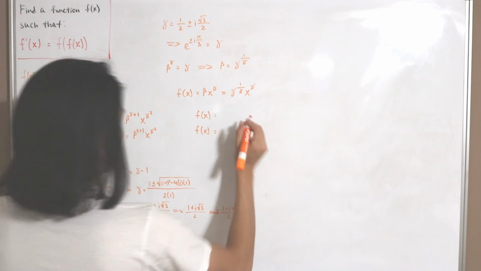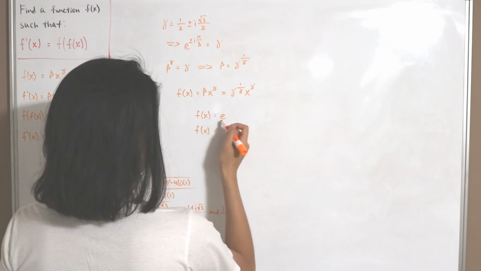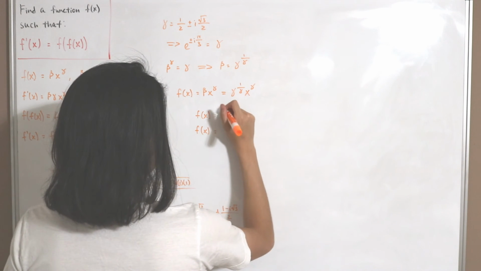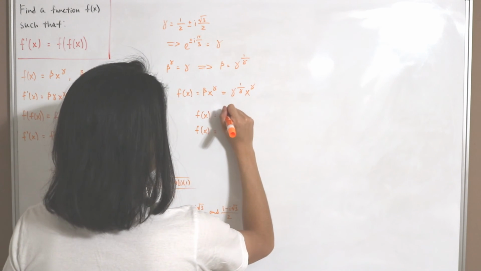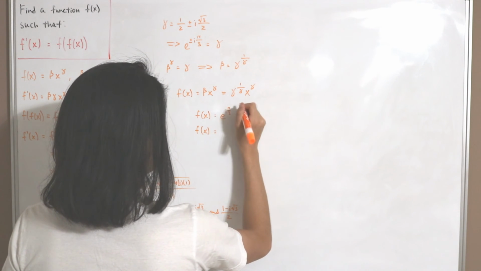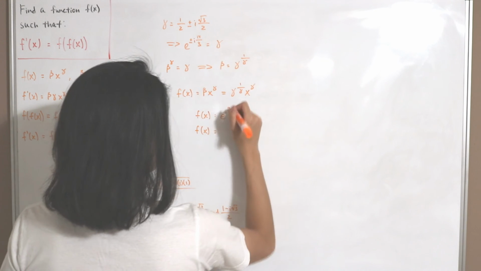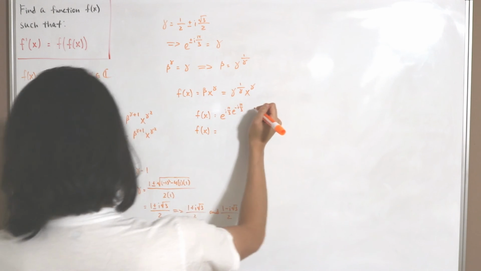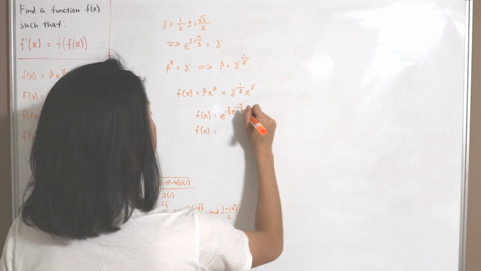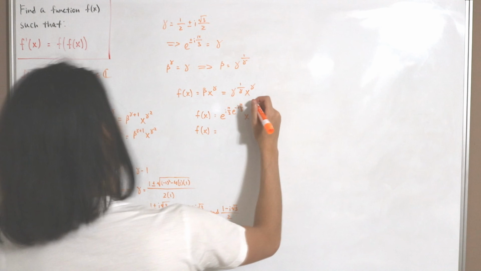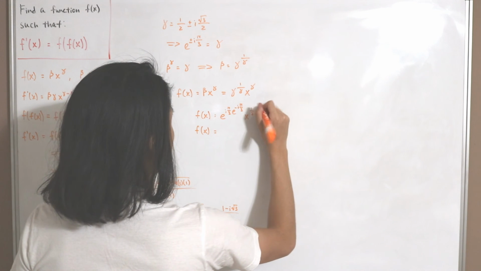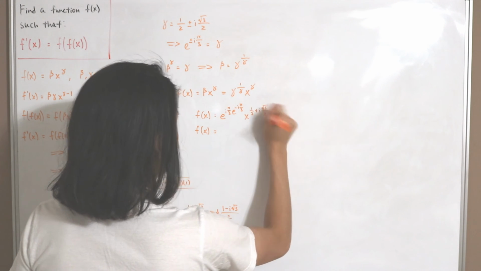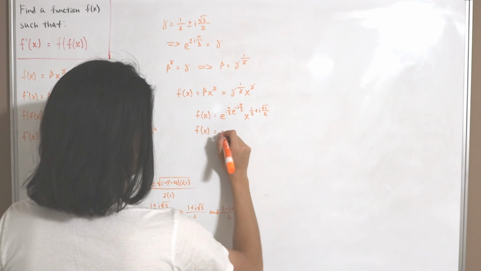The top f of x is going to be with the positive i. So this is e to the power i pi over 3, and then 1 over positive, so I'll change that to a negative i pi over 3, right? Yes, and then multiply with x to the power 1/2 plus i times the square root of 3 divided by 2. Okay, and now the last one is focusing on the negatives.